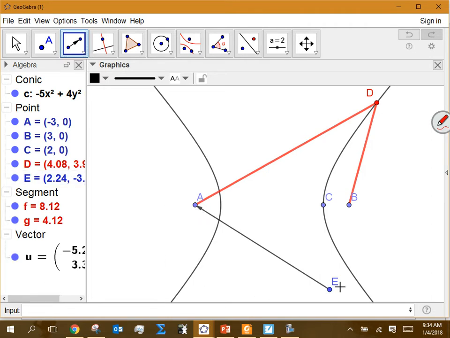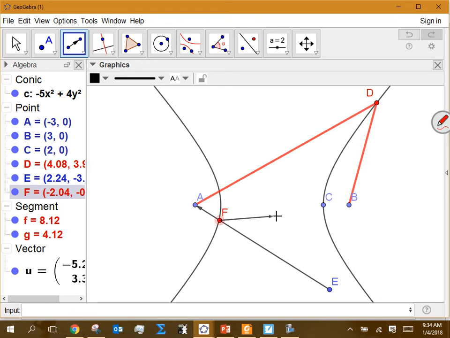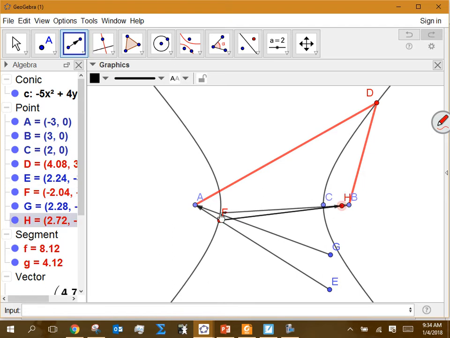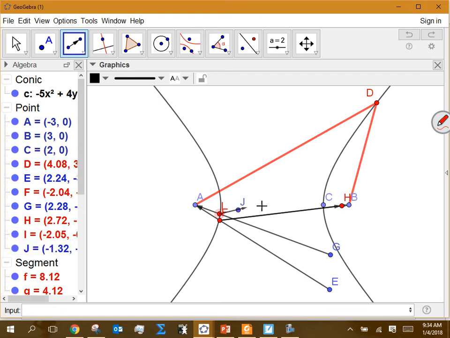What's going to happen is that when it hits this hyperbola, it's going to bounce off, and it's going to come back to that focus right there. Does that make sense? Beam of light on that. It's going to hit my hyperbola, and it's going to be redirected from there back to there.